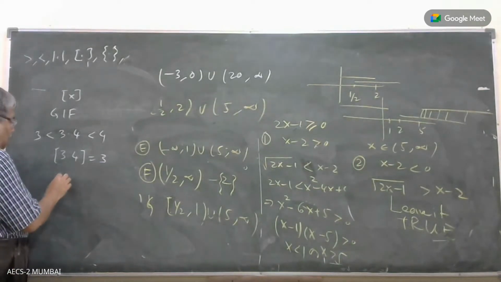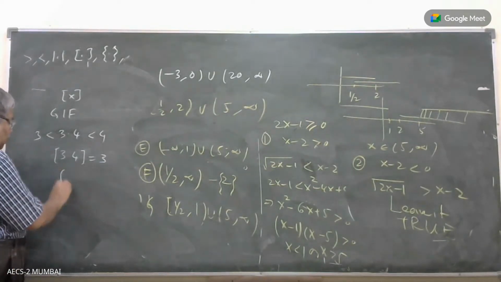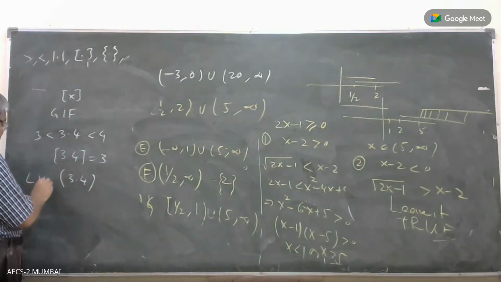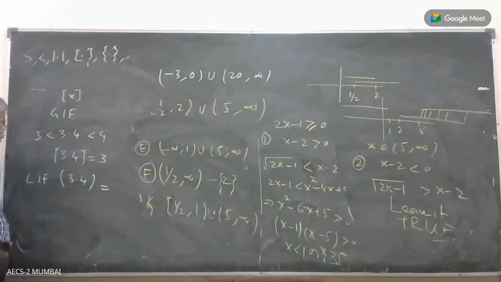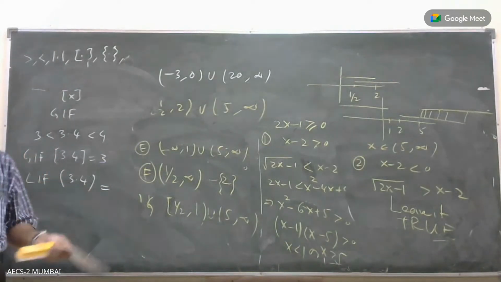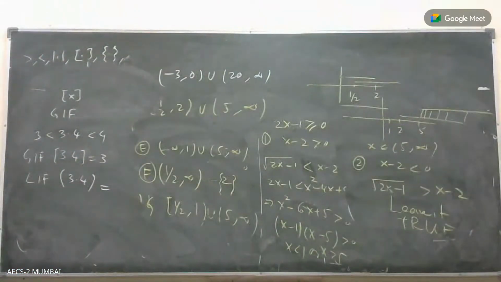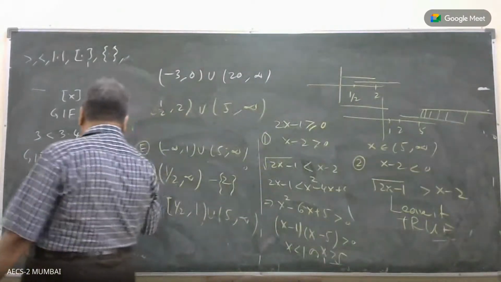And this is called LIF, least integer function, and this is GIF. So all the real numbers lie between GIF and LIF. They are greater than GIF and less than LIF. So LIF of 3.4 is how much? 4.